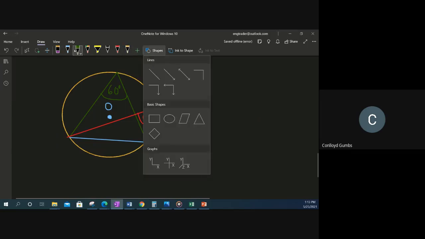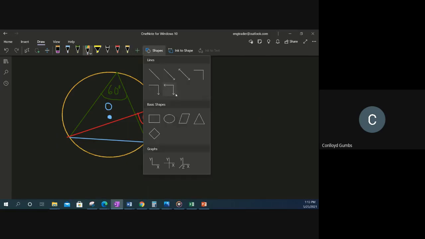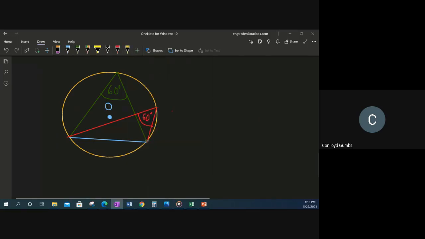Likewise, if I also did this for another triangle, let's use this. If I use another triangle here, once it passes through this, once it's touching that, this angle would also be 60 as well.